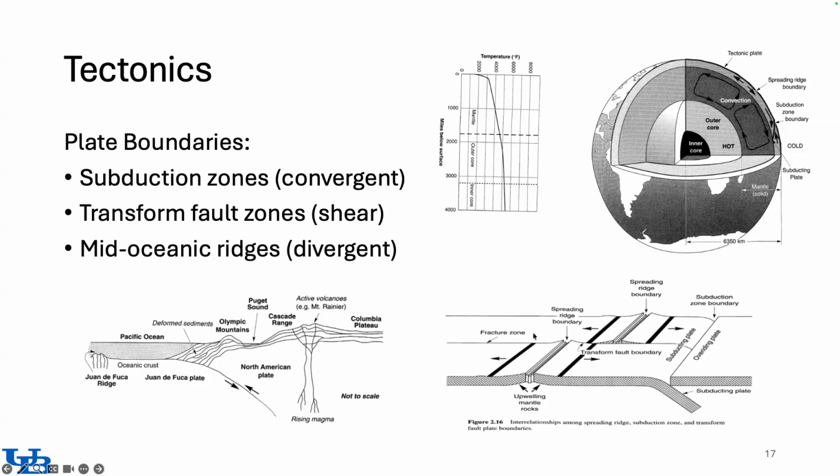So that is causing friction and shear between them, and that is what is causing the transform fault zones. A classic example of that in the US is the San Andreas fault, and in Asia is the Dead Sea fault that caused the recent earthquake in Turkey. Any questions about the plate tectonics and mechanics?